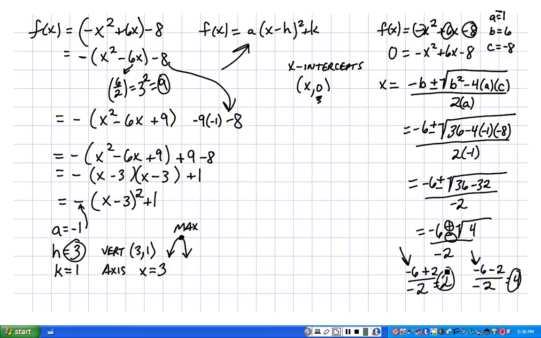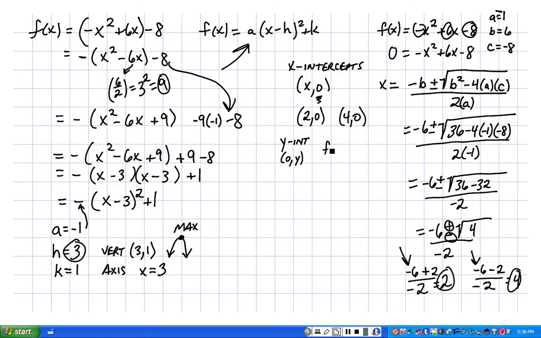Okay, so this is telling me that I have x-intercepts at 2, 0, and at 4, 0. Okay, now y-intercept. Y-intercept is typically easier. You find it by making x 0, solve for y.